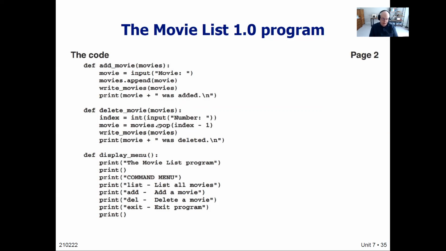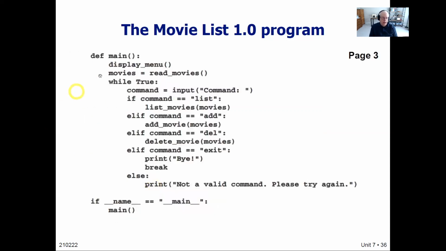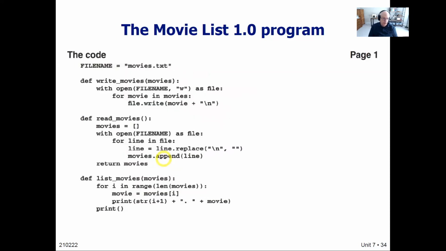And this is deleting movies. We're dealing with what's in RAM. And then our display is the same as it was last week. And then our main function, because our data's in RAM, same as last week. So there you go.